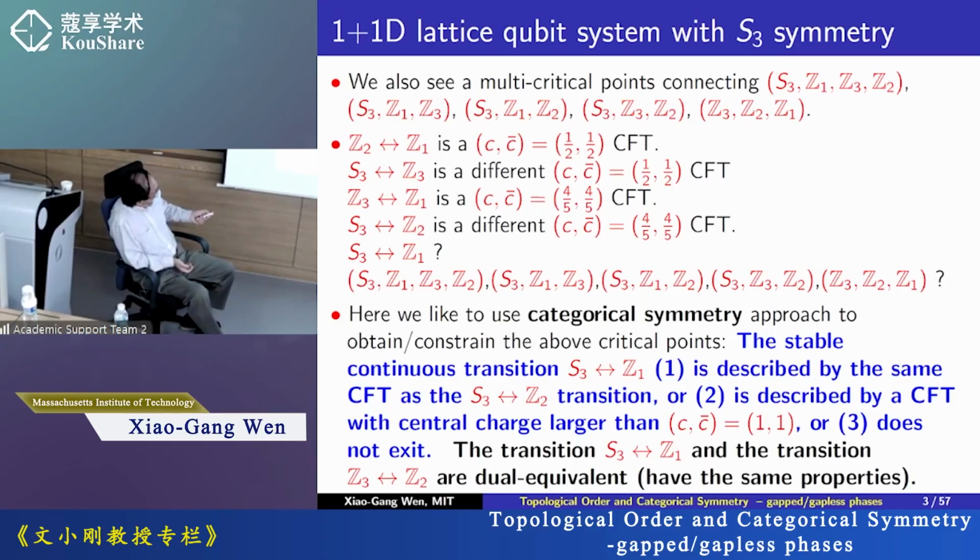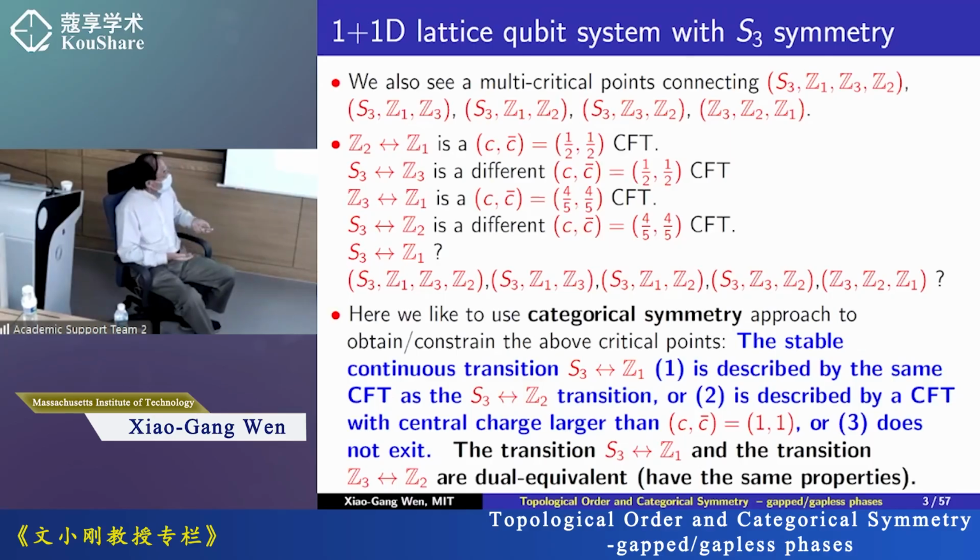Those are the questions we want to address. Therefore, what I'm going to do in this lecture and the lecture next Monday is try to use the categorical symmetry approach to obtain or constrain those critical points. We hope we can determine them completely, but if not, at least we constrain them largely, so there are only a few possibilities.